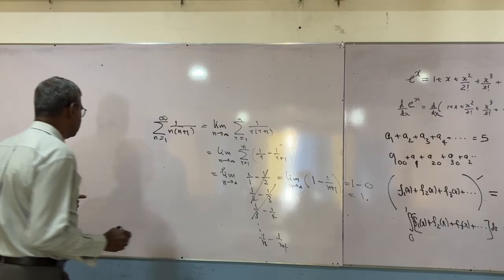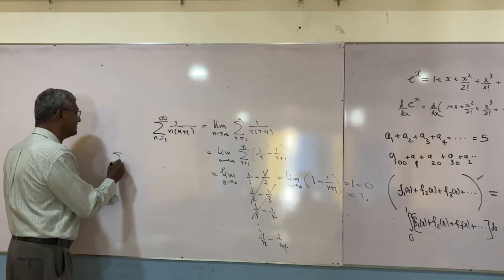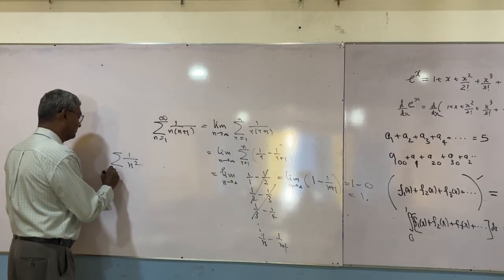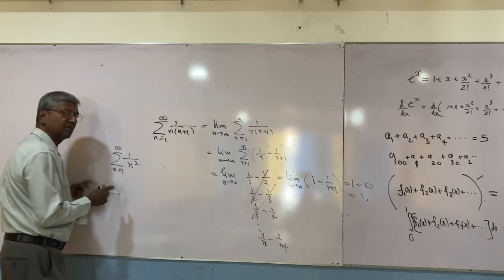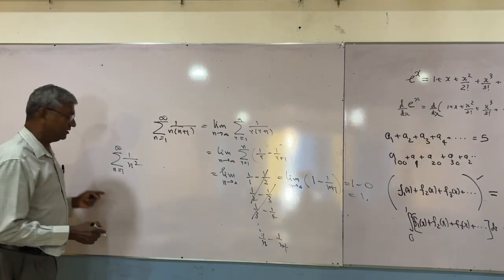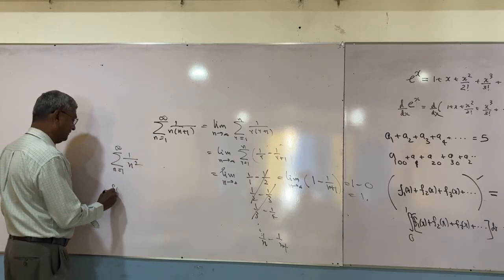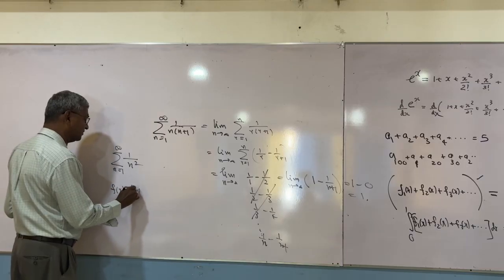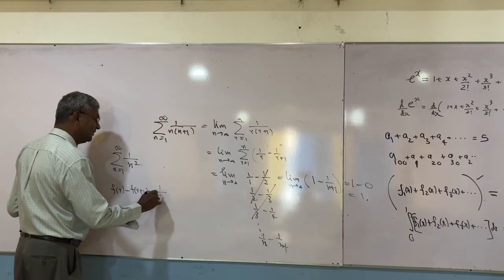And if somebody gives you the series of 1 over r squared, you will never get this question in A level, because you cannot find partial fractions, you cannot find a function f such that f of r minus f of r plus 1 is equal to 1 over r squared.